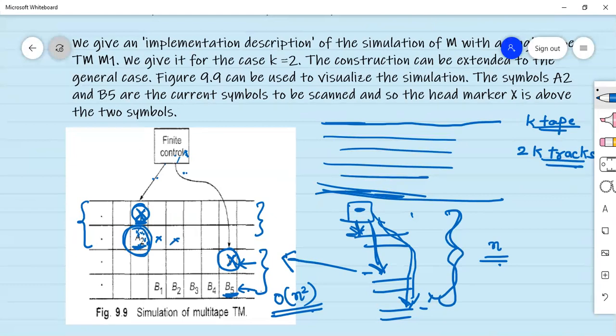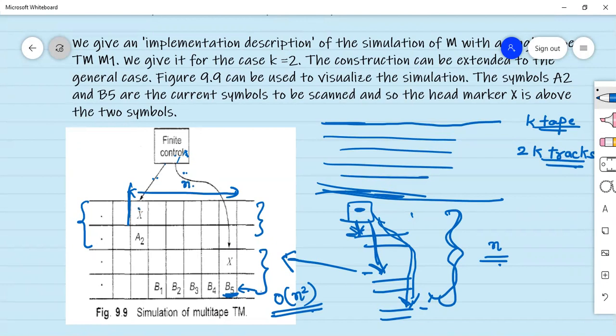Suppose, let me just rub this off to give you a clear vision. What is the maximum move I have to do? Let us say this is my first position, and this much is n moves.